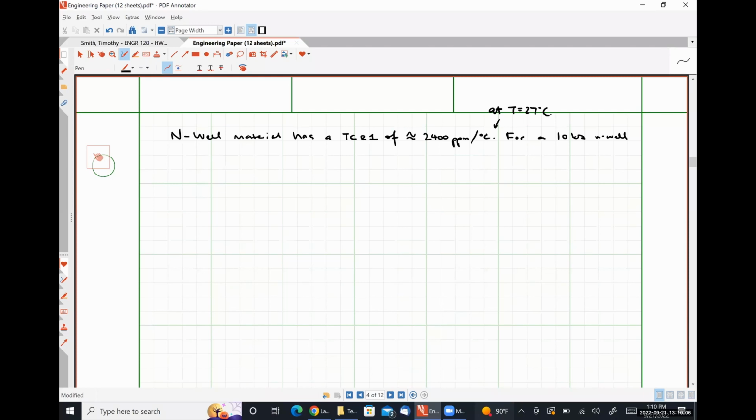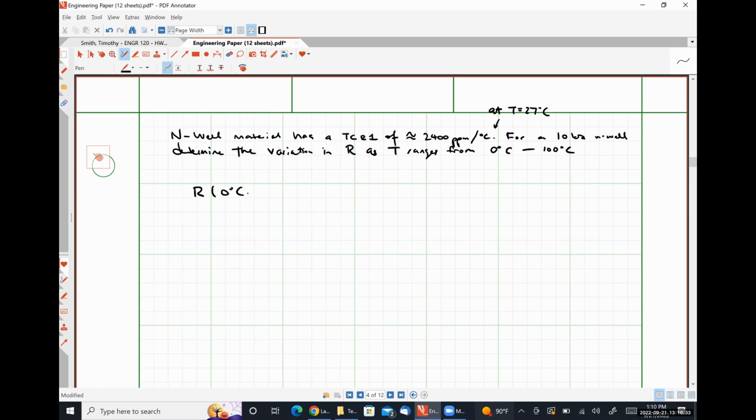For a 10 kilo ohm N-well resistor, determine the variation in R as T ranges from 0 degrees C to 100 degrees C. Okay.